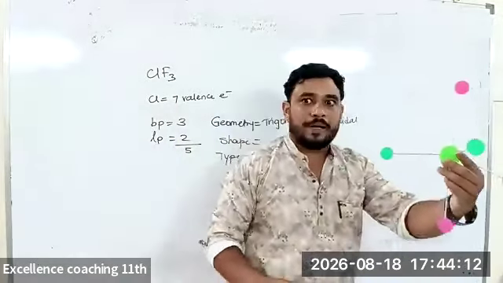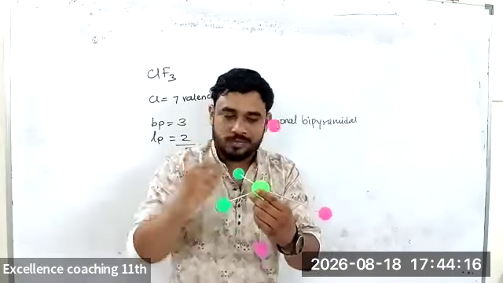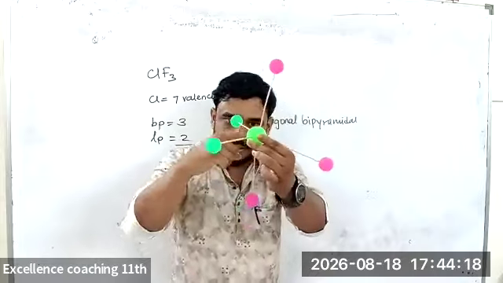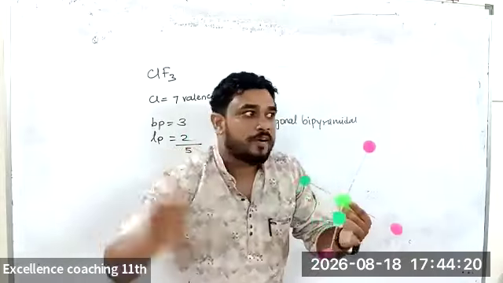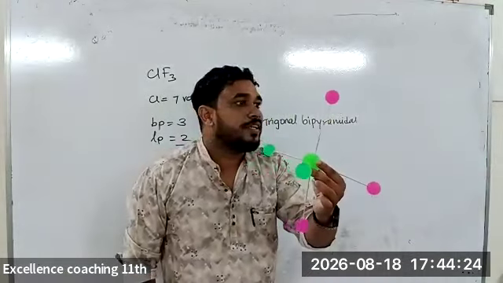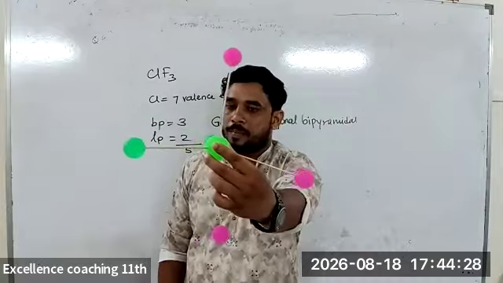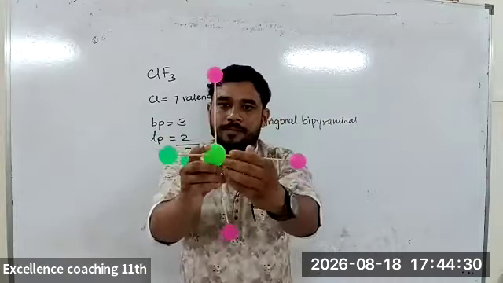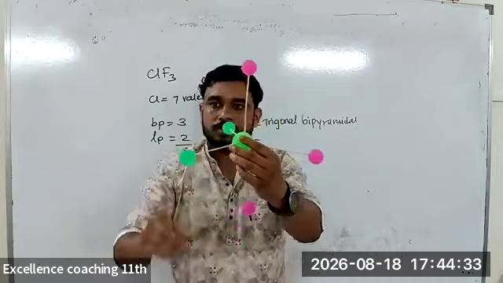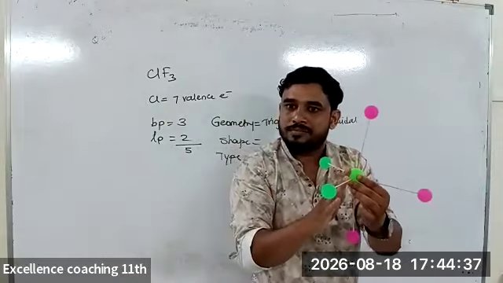How many lone pair bond pair repulsions? 1, 2. Correct? Then 3, 4. Previously I was getting how many? 6. Now I'm getting what? 4. Are you understanding now? So this is the possible stable configuration. So what is my geometry? Trigonal bipyramidal. I have kept the lone pairs at minimum repulsion.